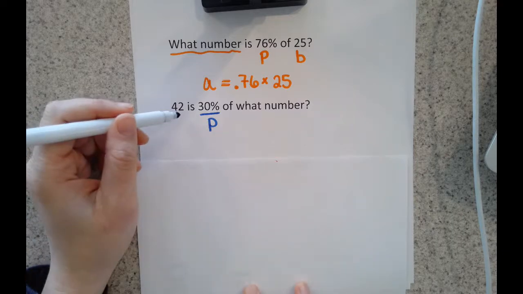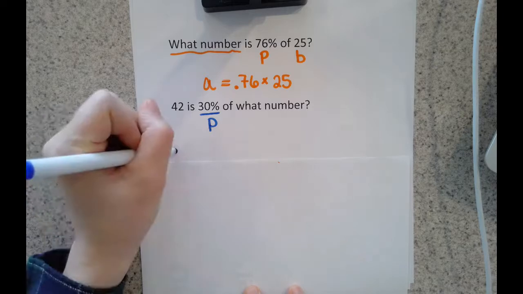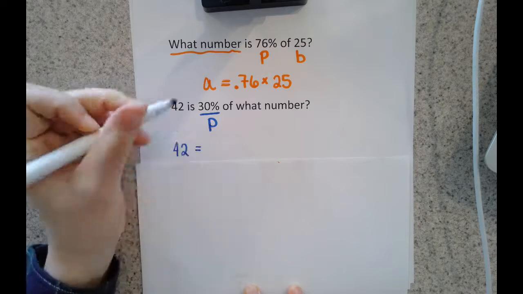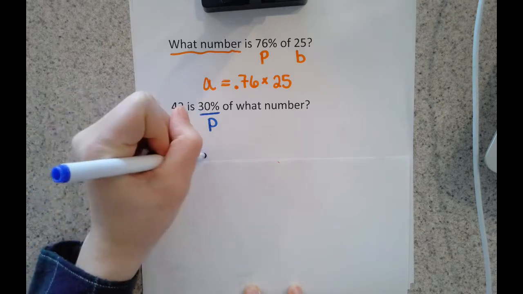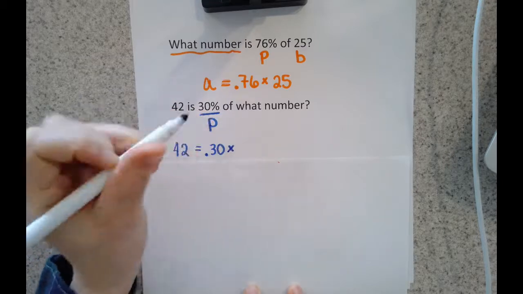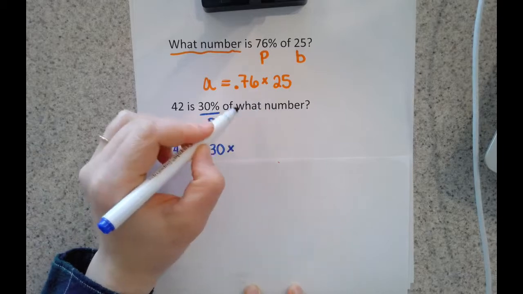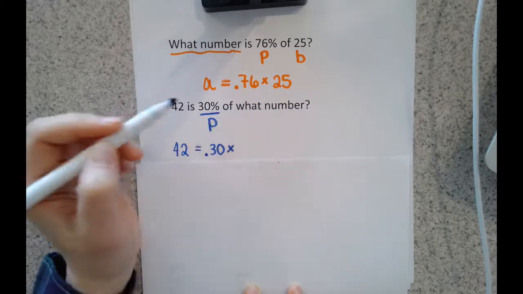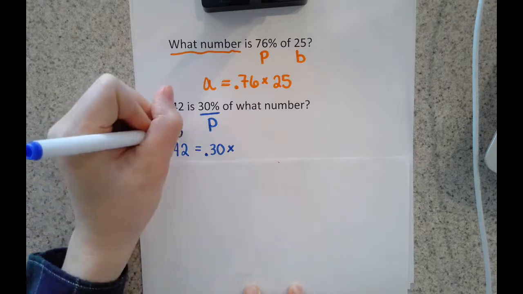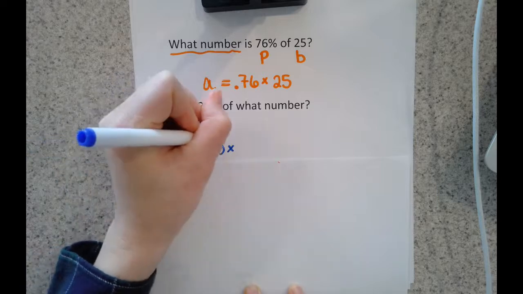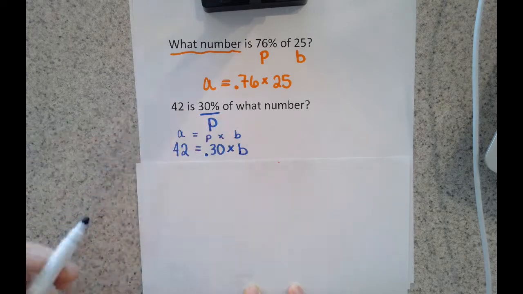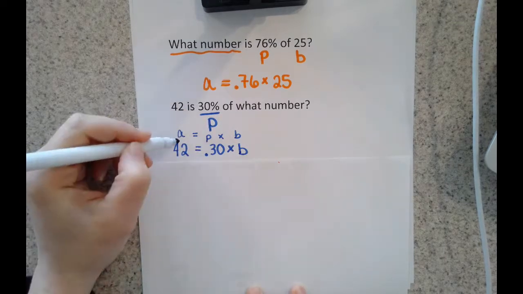Okay, well, if we're just translating directly into math language, I write the number 42 down first. Is means equals. 30% I have to write as a decimal, 0.30. Of means times. What number should be an unknown variable? It looks like I have the part equals the percent times the base. My base must be my unknown variable. 42 must be the part.